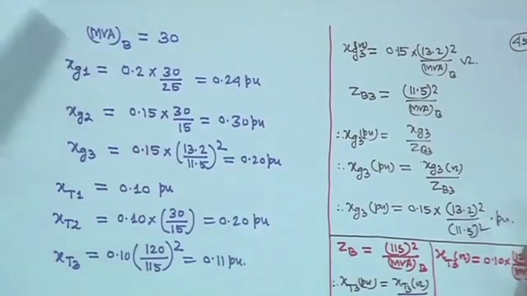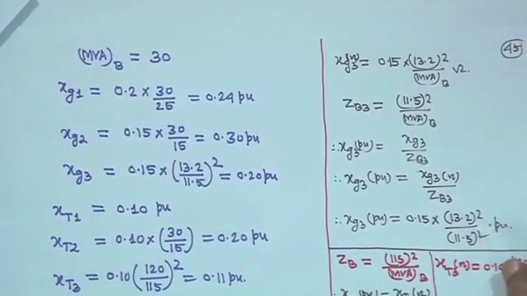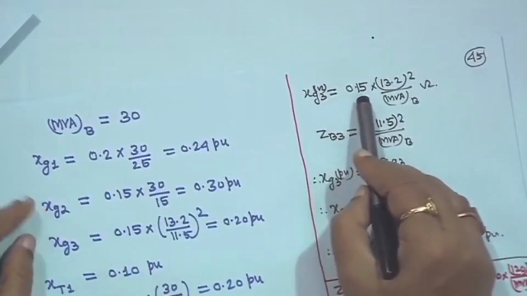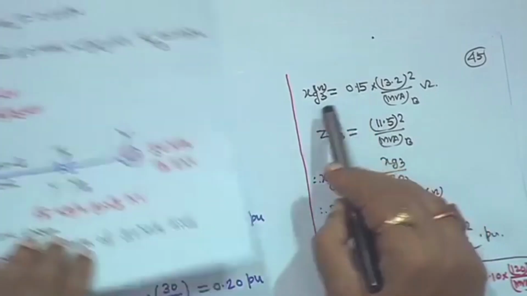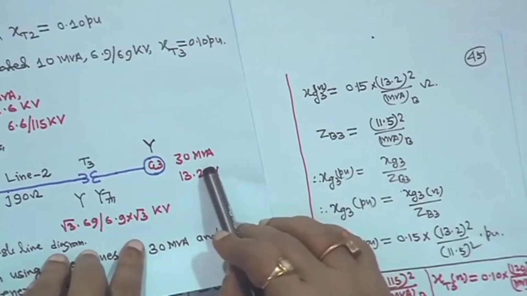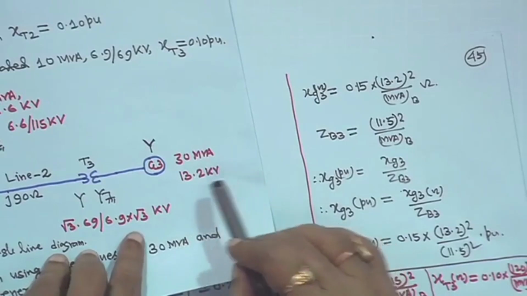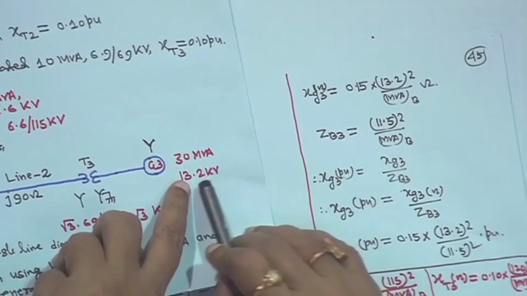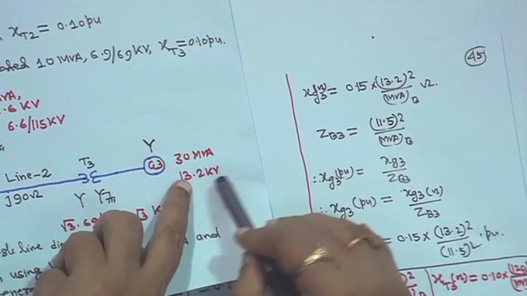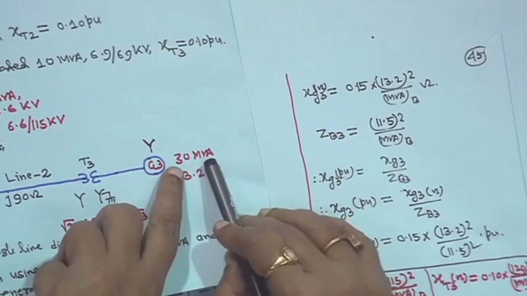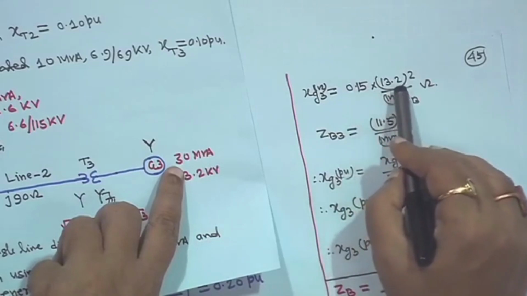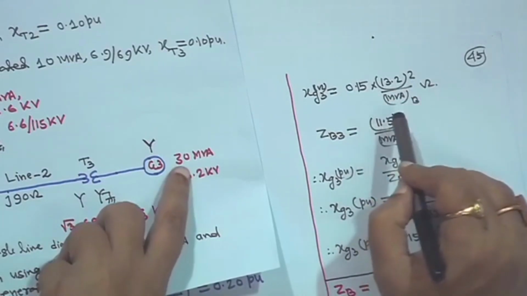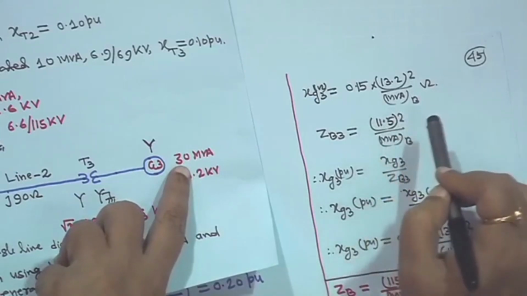I have made some calculation here for this generator. The generator impedance is actually given as 0.15 per unit for generator 3; this data is given. Its rating is 13.2 kV on its own base and 30 MVA. So, 0.15 into 13.2 square upon the MVA base. The MVA base of this generator is 30 MVA and the MVA base is also 30 MVA.